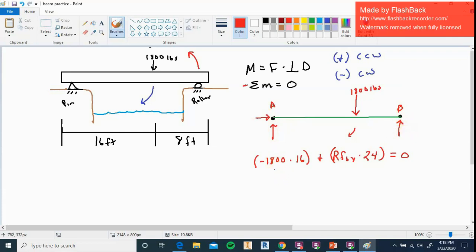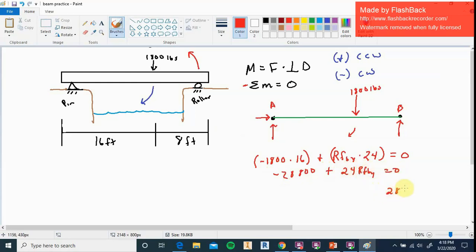So if we were to do that, we would find out that, let's see here, so I have 1,800 times 16. That gives us a really large number, so we have negative 28,800 plus 24 RFBY equals 0.